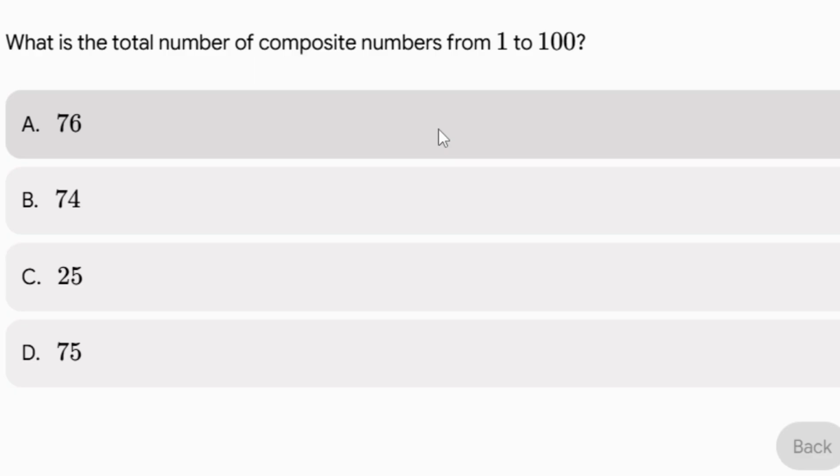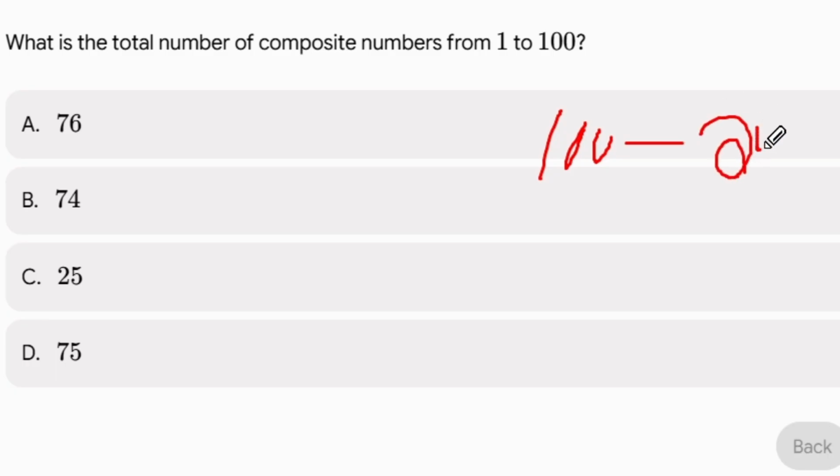Therefore, composite numbers we get by subtracting 25 and 1 from 100. 100 minus 25 minus 1 equals 74. This is the correct answer.